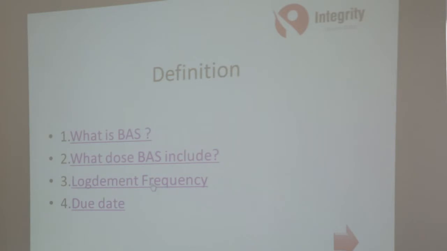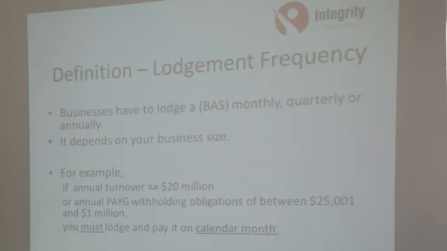So the lodgement frequency, which means how often we lodge the BAS. There are 3 options: monthly, quarterly, and annually. It depends on your business size. Usually the bigger you are, the more frequent you will be.